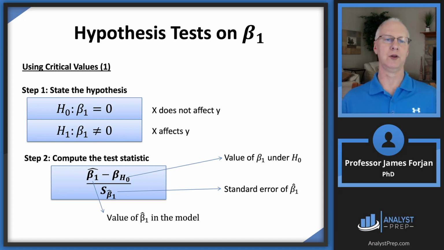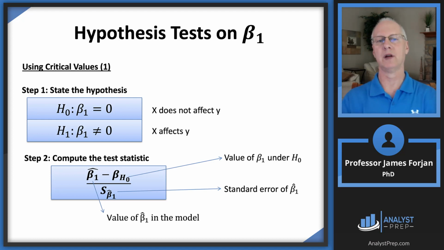What you do is you create the null hypothesis as if you want the test to fail. With interest rates and changes in GDP, our null hypothesis is that interest rates have no impact on GDP.